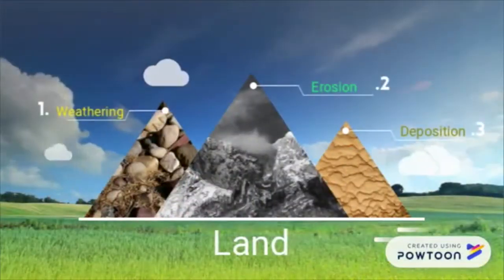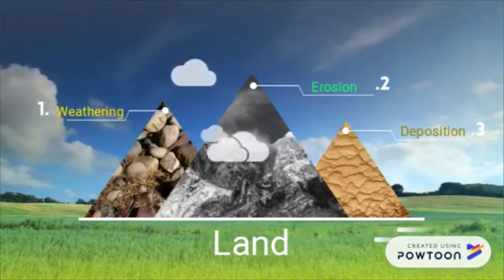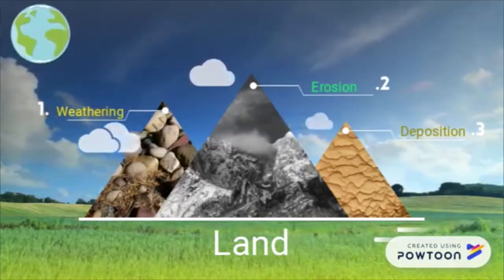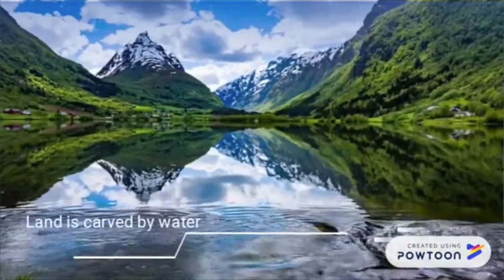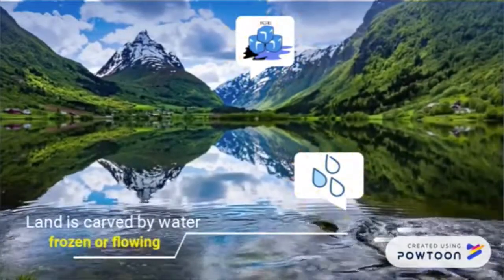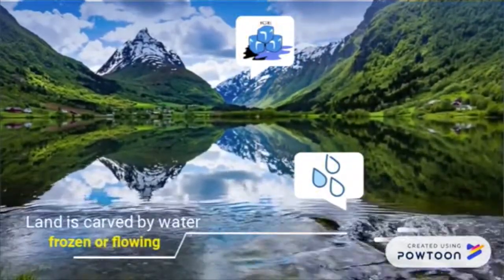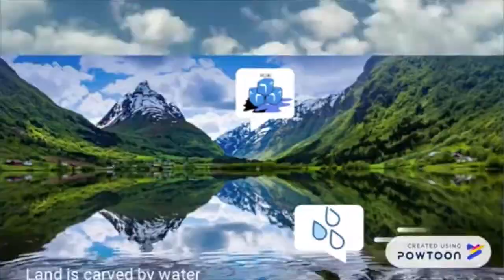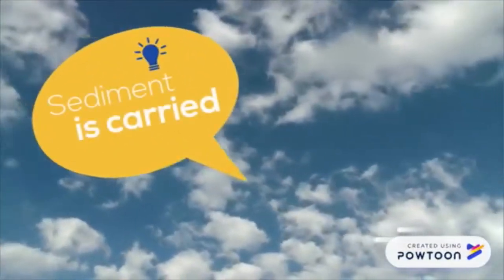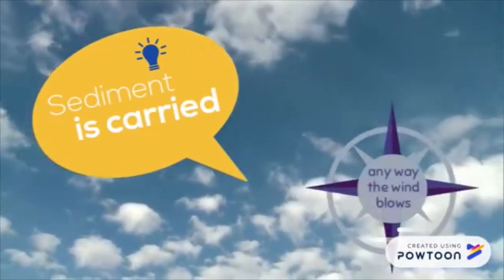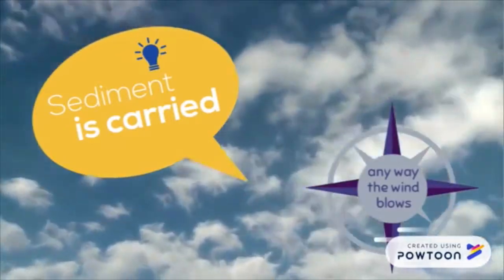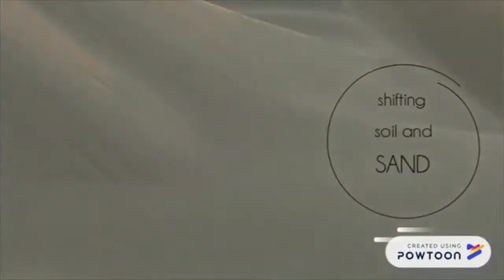Land changes through weathering, erosion, and deposition. Land is carved and worn away by water that is frozen or flowing. Sediment is carried any way the wind blows. Shifting soil and sand.